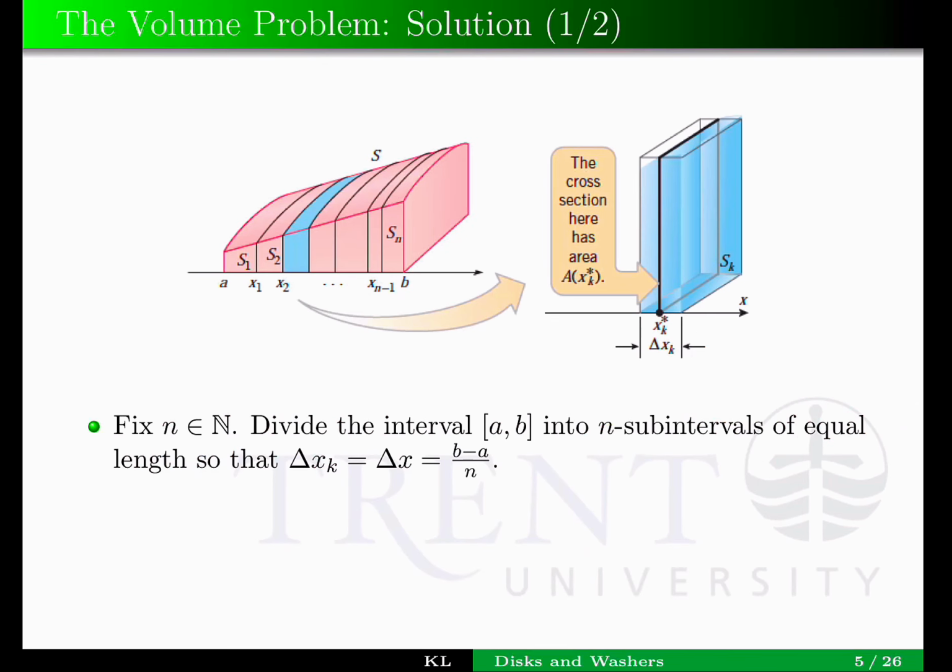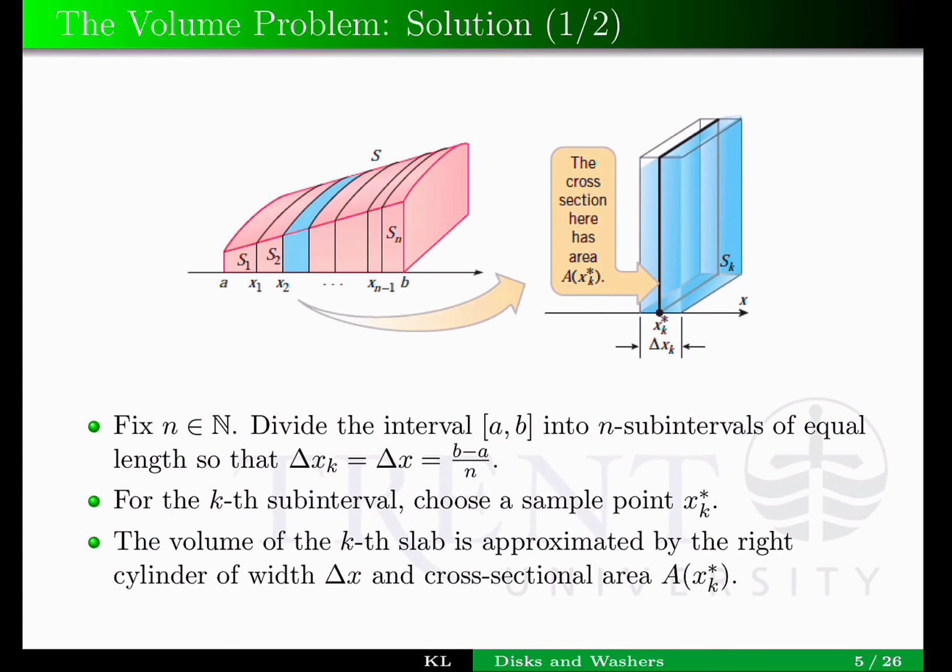So here it is. Fix n, divide the interval into n subintervals. Here we say of equal length for easy computation. We label the length to be delta x since it's just of equal length. For the kth subinterval, we choose a sample point x sub k star. The volume of the kth slab, so this particular slab here, is approximated by the right cylinder with width delta x and cross-sectional area A of x sub k star.